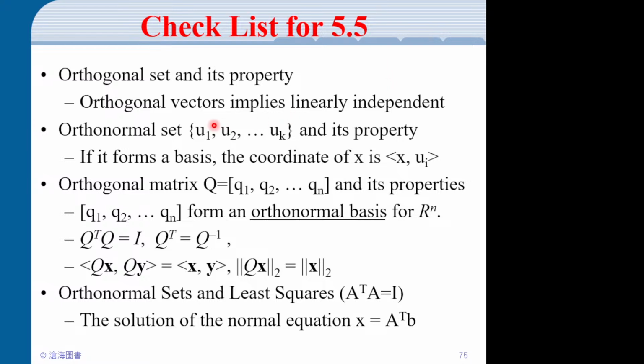Okay? And an orthonormal set has a lot of properties. So for example, with the basis, the coordinate is the inner product between your vector and your basis element. Is very important.